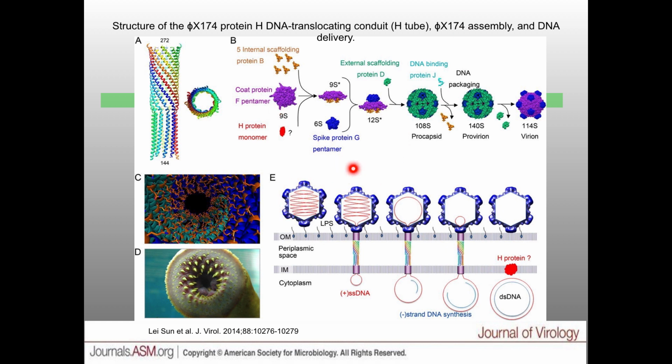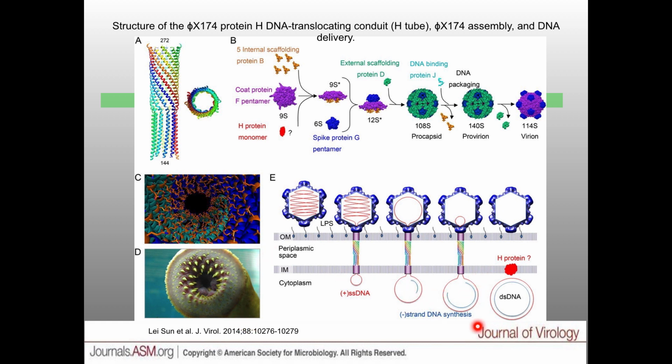So we now know, since the publication of our textbook, that we have this H protein, which forms this, I'm trying to remember what Ben Fane called it, rather inappropriate change in its structure, where you have interactions, again, first with the LPS, and then this 10-helix bundle, again a brand new structure that nobody knew about before, which then makes a hole through both membranes, and then you have the single-stranded DNA, which is released, probably just because it can't go back through this channel in the H protein.